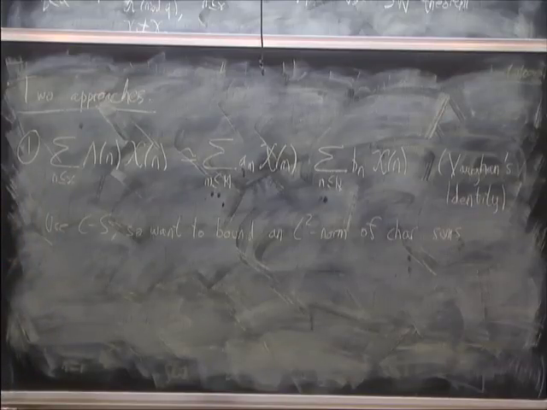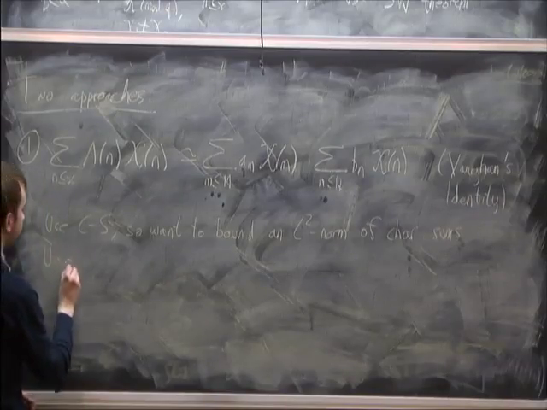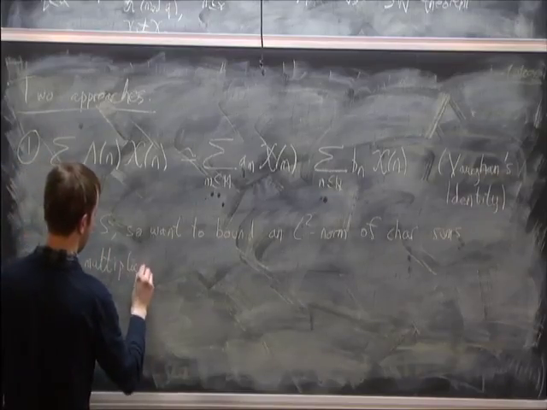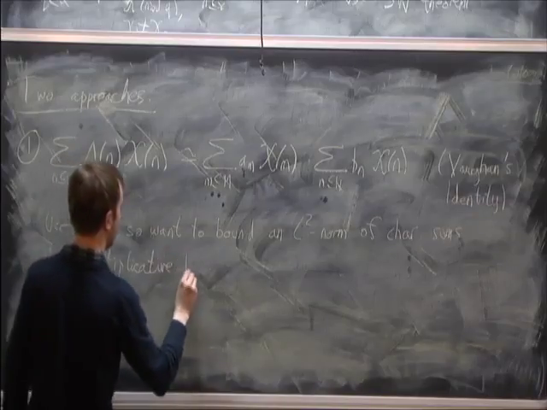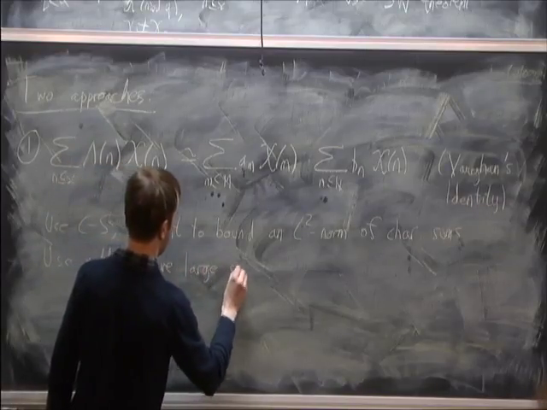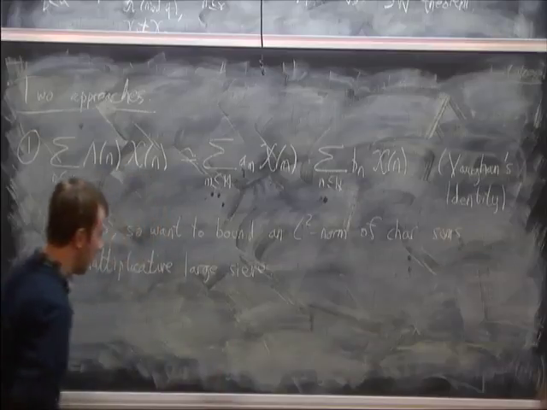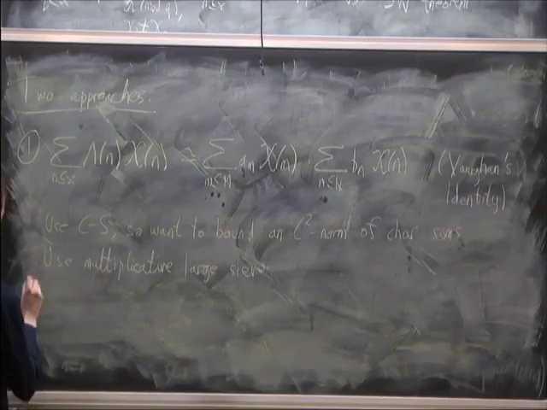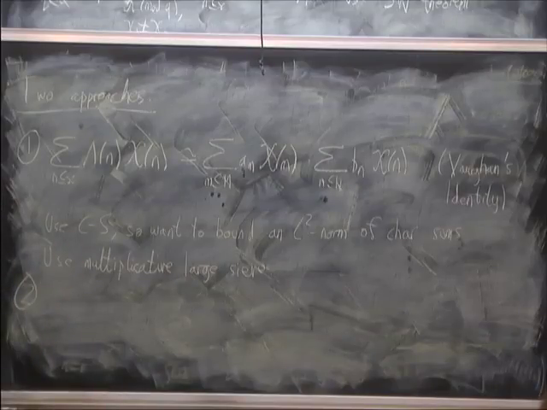Fortunately, there's a great tool to do this, which is the large sieve. I will write down a statement of the large sieve inequality in a moment, because that will be relevant. Okay, but this is one approach. So you break into these parts so you can Cauchy-Schwarz efficiently, and then you can use the large sieve inequality directly. Right, so that's one, but this is not how the theorem was proved originally.